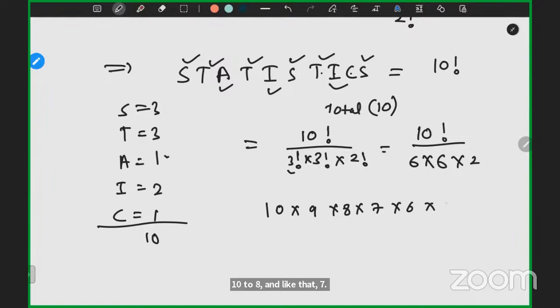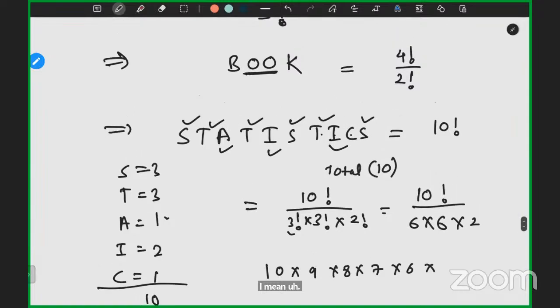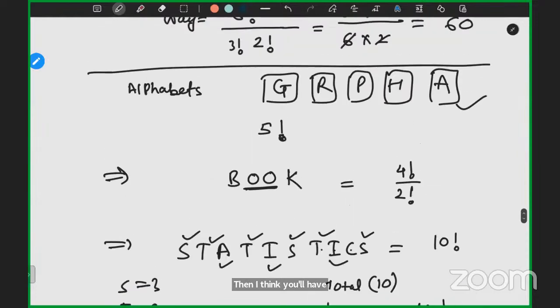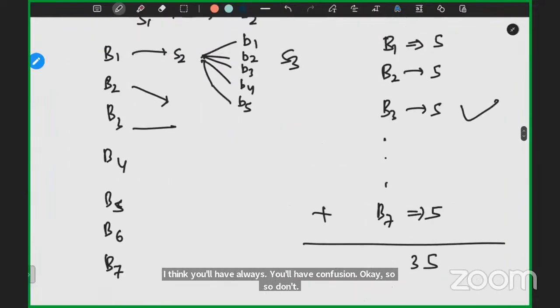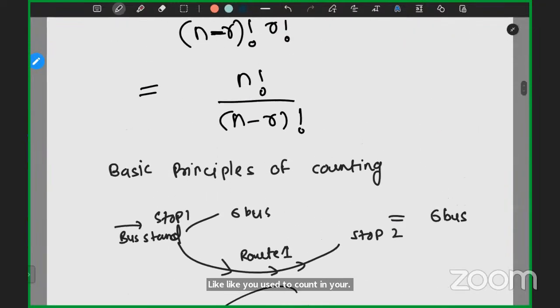Sir, here we are using multiplication. So does that mean dependency is also involved here? No. See, if you merge that, then I think you'll have confusion. So don't merge that. Here we were counting things, like you used to count in your school time, 1, 2, 3.